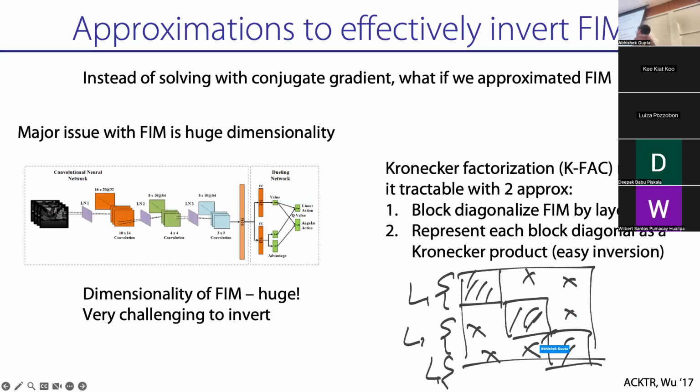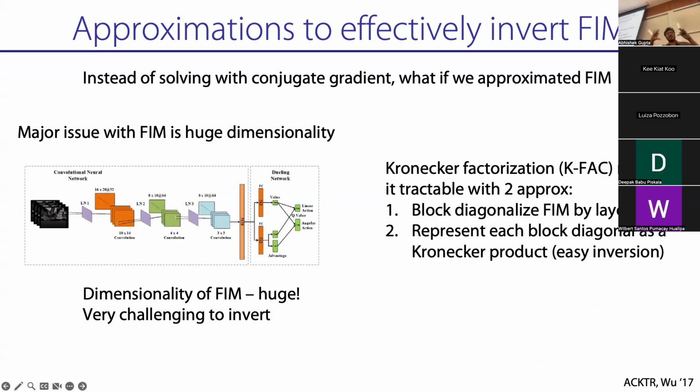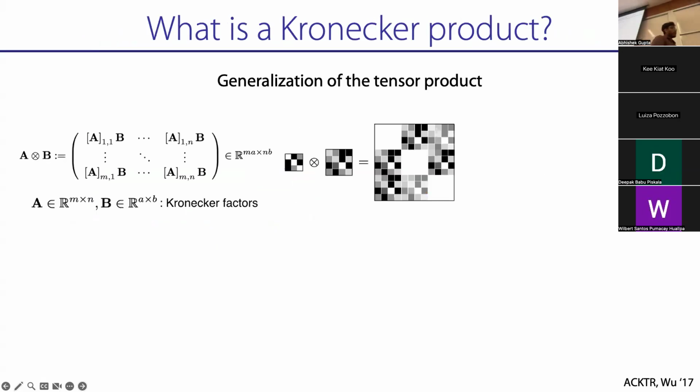Then each of these block diagonal terms, I'm going to represent as a Kronecker product, which is a particular form that makes inversion easy. We'll talk about how to do that, but that's the vibes of this next section: we're going to block diagonalize and express as a Kronecker product. If we do that, then inversion of this matrix will be easy.